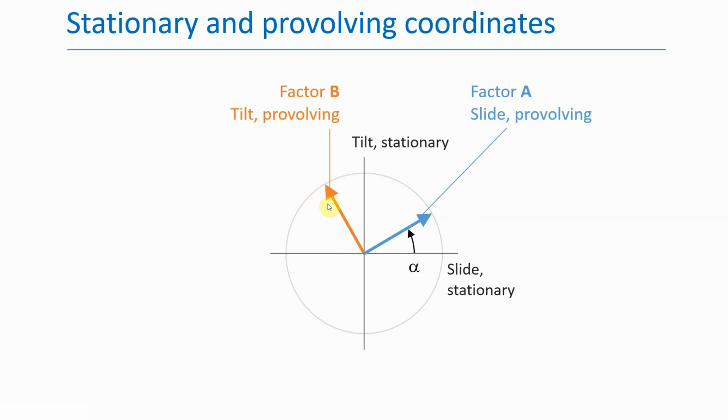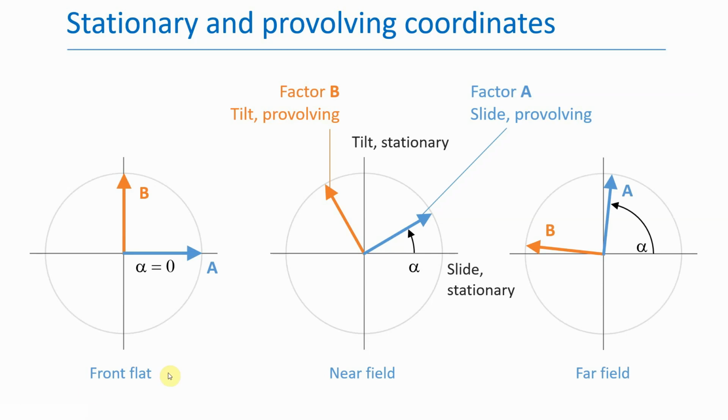The way this visualization works, the lengths of these vectors stay the same even when factors A and B get larger and smaller. At the front flat, alpha is equal to 0, so factor A has slide uncertainty in both stationary and provolving coordinates. But alpha increases as the light provolves into the near field.